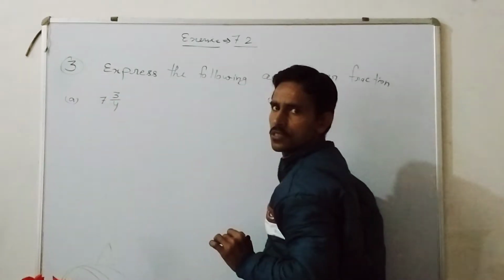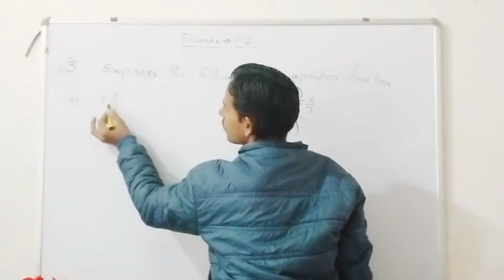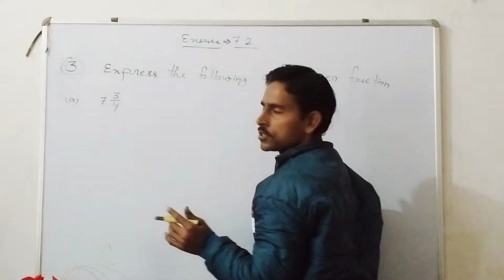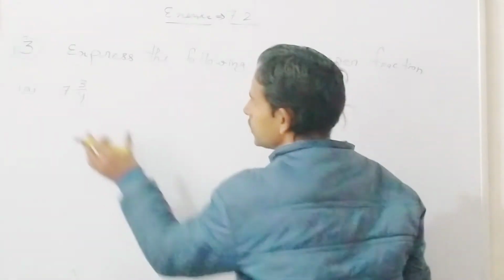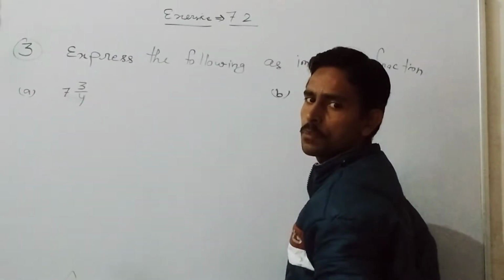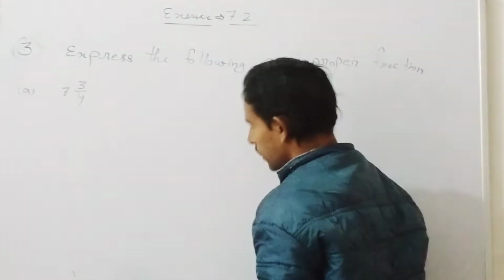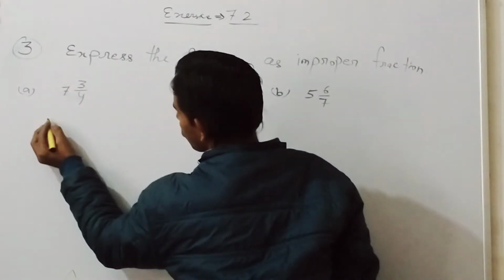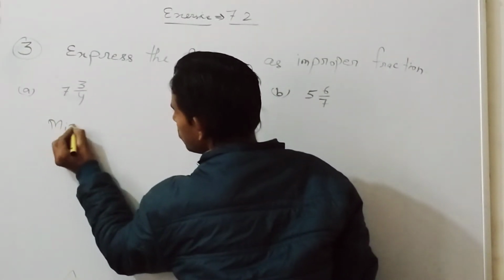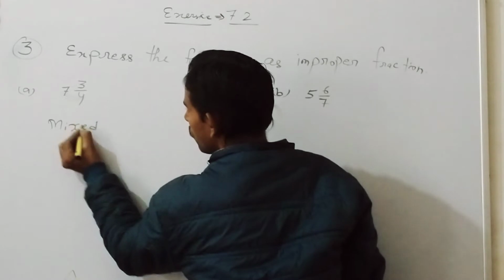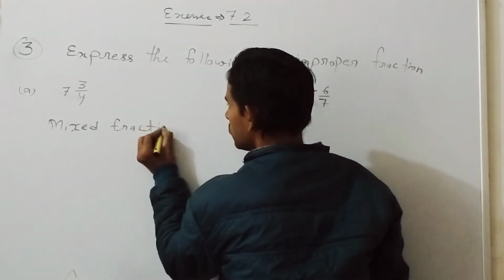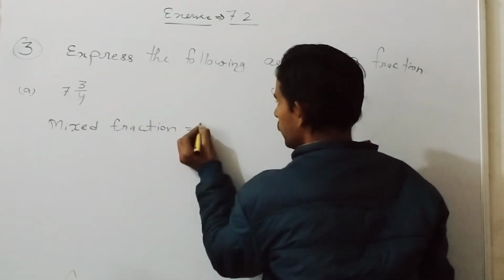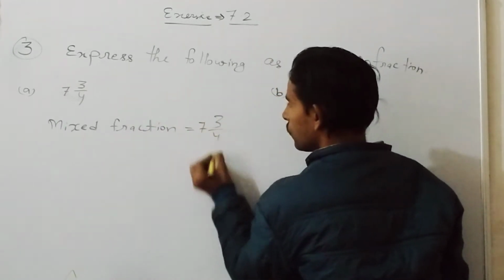There are 3 values. This is a whole number and this is a fraction. So it is a combination of a whole number and a fraction, and this combination is known as a mixed fraction. So write down: mixed fraction equals 7 whole 3 upon 4.